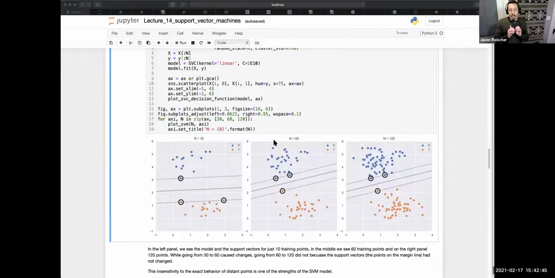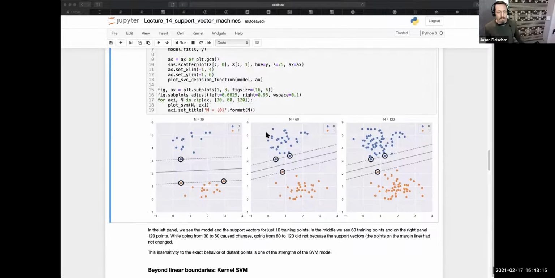Because support vector machines only care about the true support vectors to get a good classification, as long as the random noise in the system is not giving you false support vectors, then the system is still going to predict well. It is relatively good compared to many other algorithms at rejecting the effects of noise and randomness for those reasons. Okay.